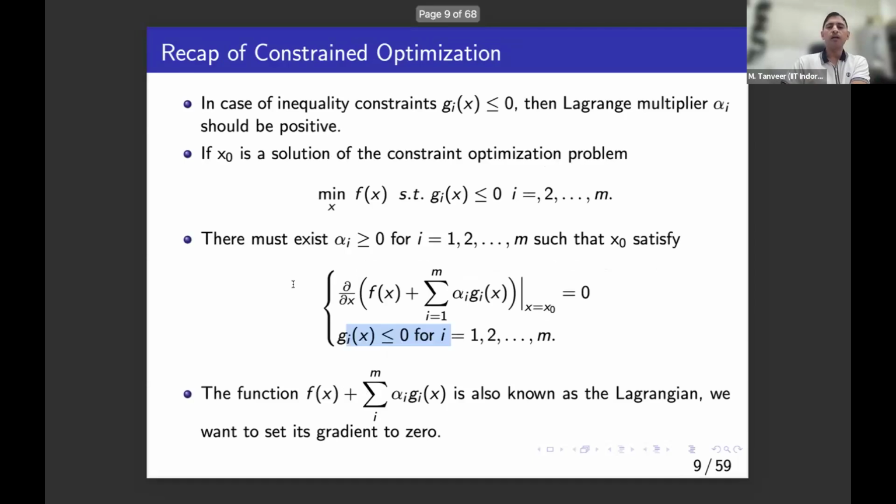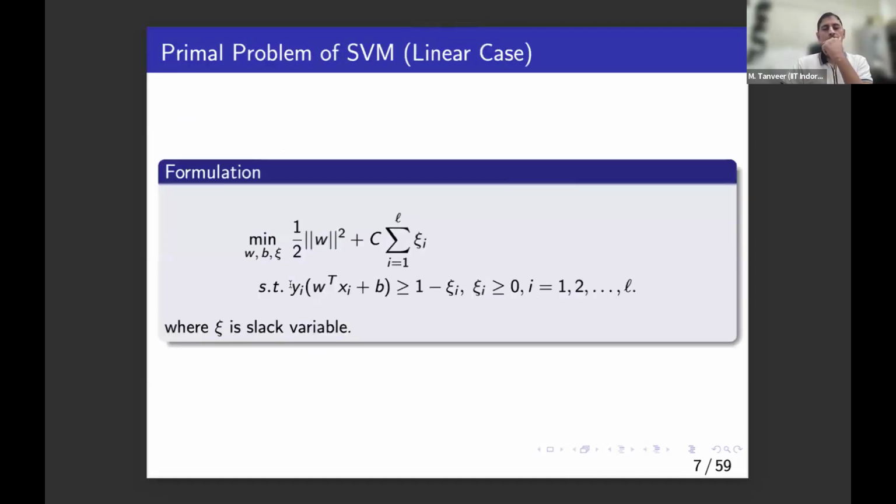For example, let me come back to this problem and solve it. We have an objective function and inequality constraints with non-negativity restrictions on the variables. What we do is first construct the Lagrangian function, which is the objective function plus alpha 1 g1(x) plus alpha 2 g2(x) and so on.